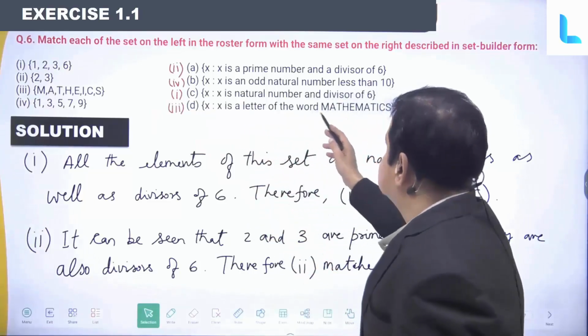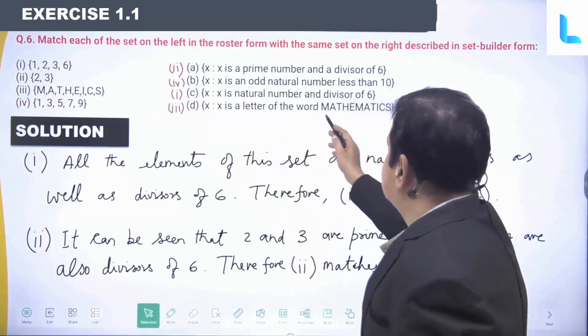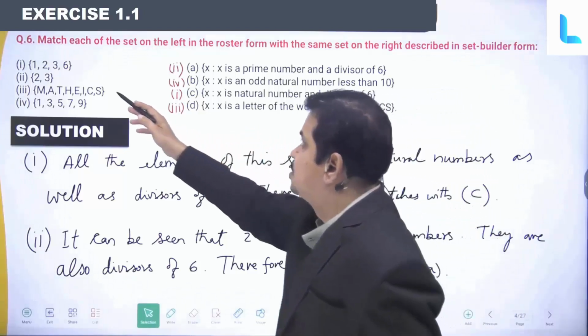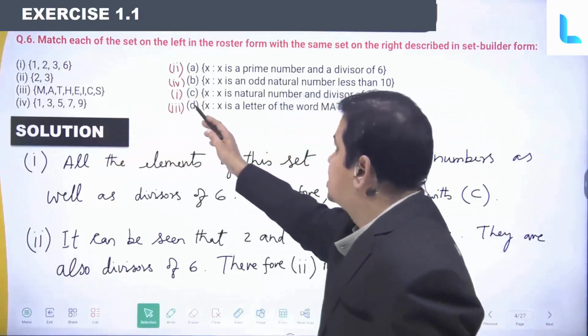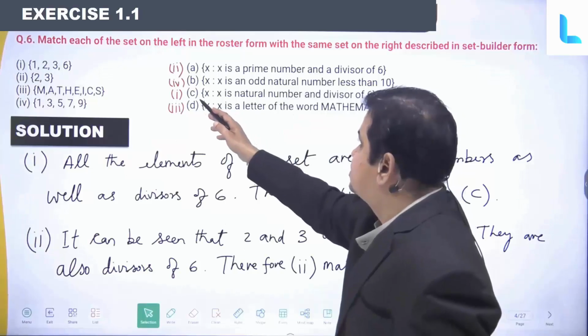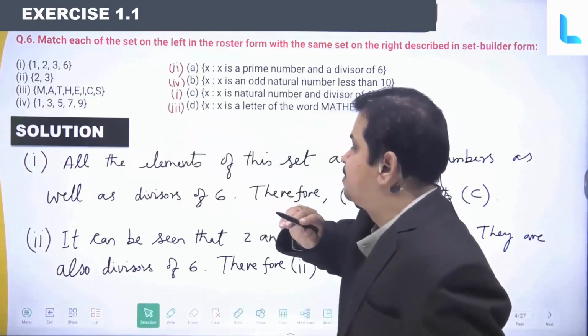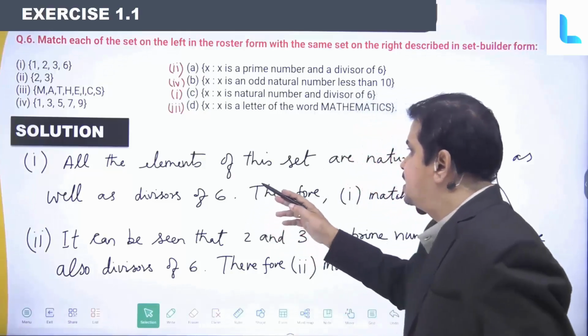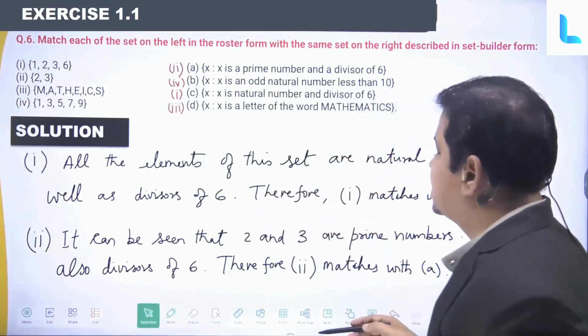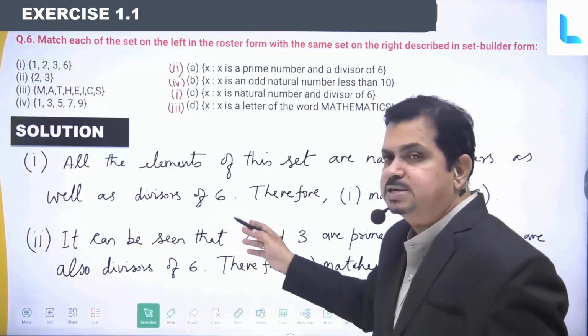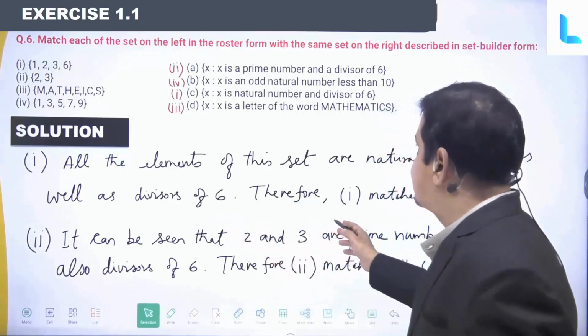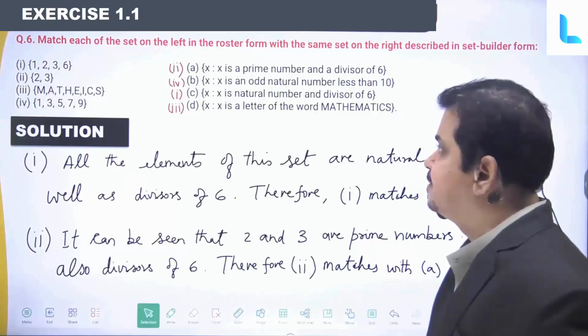And D also doesn't match, because x is a letter of the word mathematics. But you can see that item number C clearly matches with item number 1. Therefore all the elements of this set are natural numbers as well as divisors of 6. So therefore 1 matches with C.